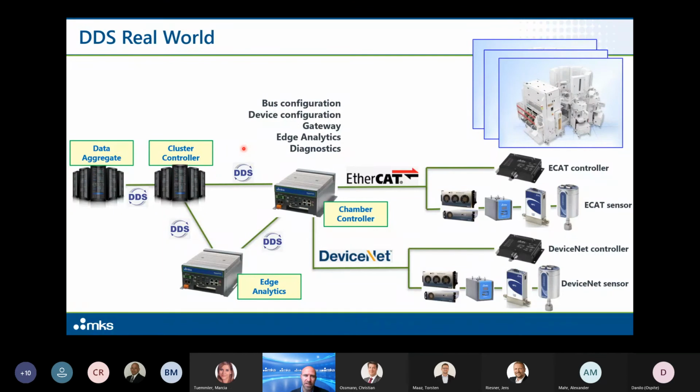It's very similar to the EDS files of the DeviceNet era. It's basically going to have all your specs and setups for how you want the performance of your network and all the devices to be. We have a tool that bypasses having to write an IDL file and update the IDL file anytime you make any changes to your network. It's a great tool that saves hours and hours of time having to redo that IDL file every time you change your network. So using the MKS software development kit saves you a bunch of time.